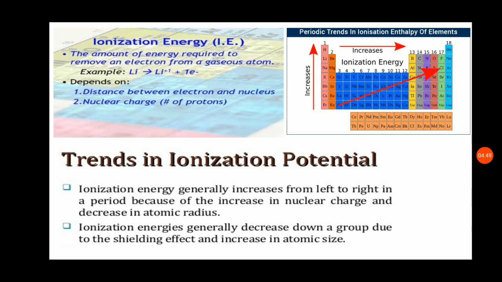The ionization energy depends on the distance between the electron and nucleus, and the nuclear charge. Trends in ionization potential: the ionization energy generally increases from left to right because nuclear charge increases and atomic size decreases, because extra electrons enter the same subshell.